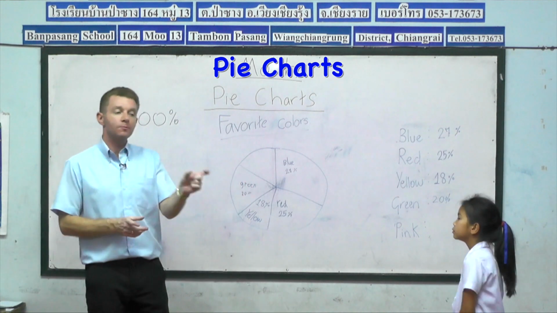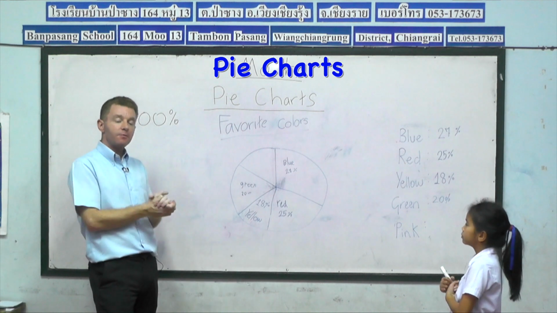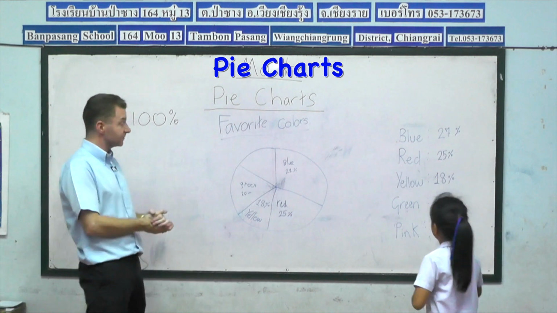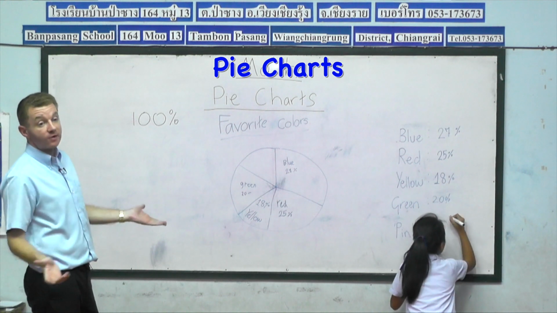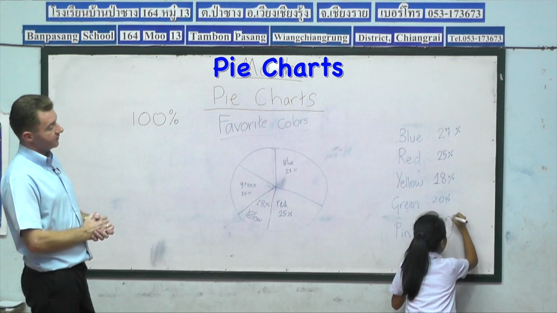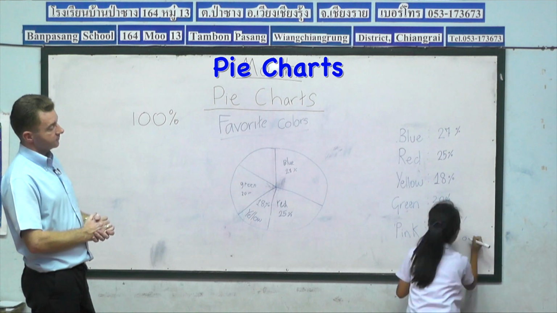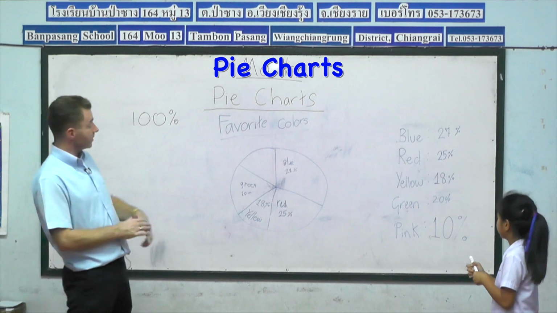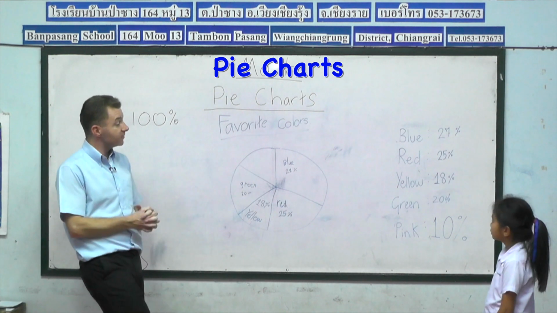So 100% minus 90%, how many percent of people like pink? 10%. Our final slice is always there for us. 10%. And then we just need to complete the final slice of pie to say pink, 10%.